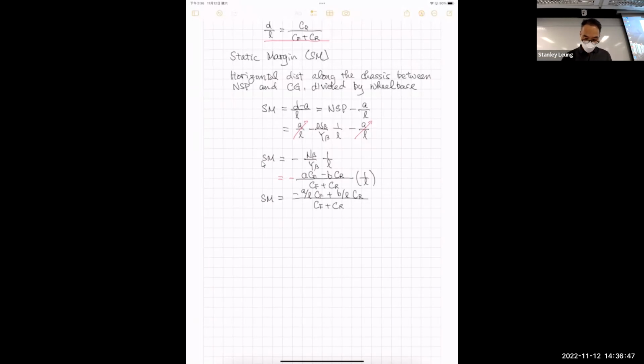From the steering point of view, if you have positive SM, that is understeer; negative SM, you have oversteer.